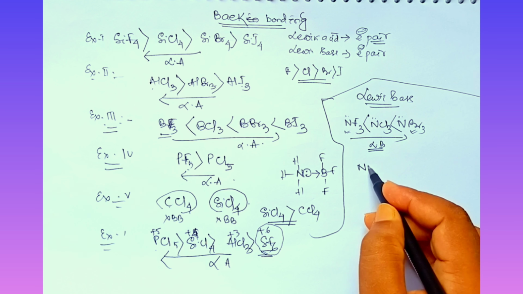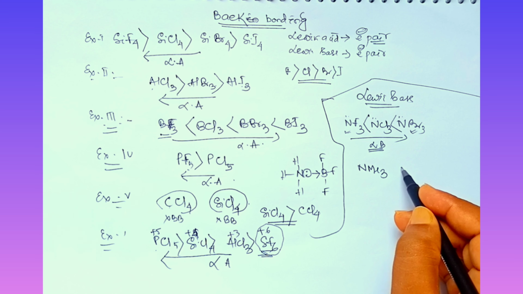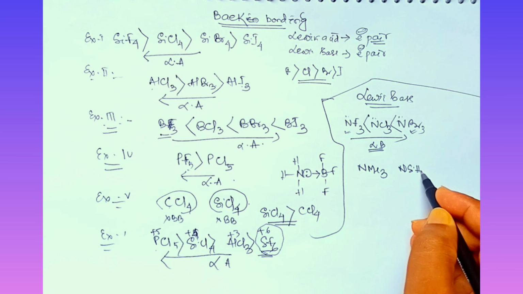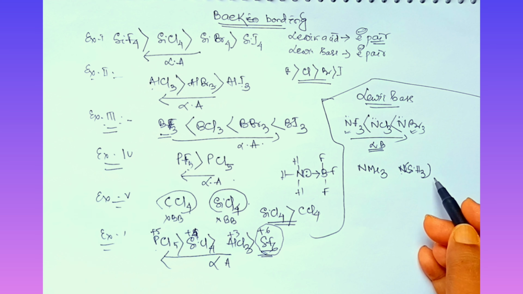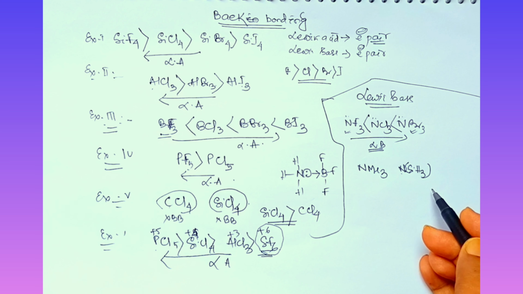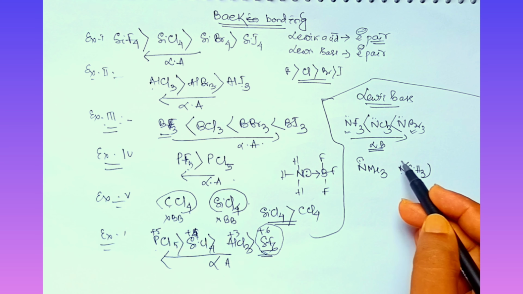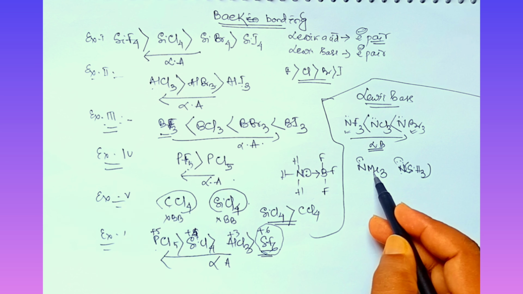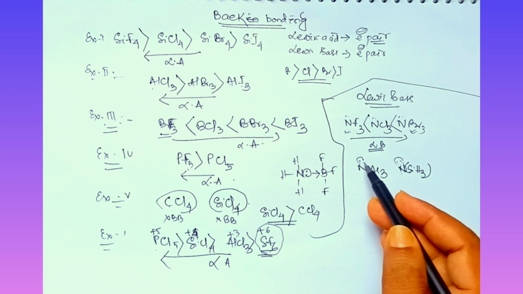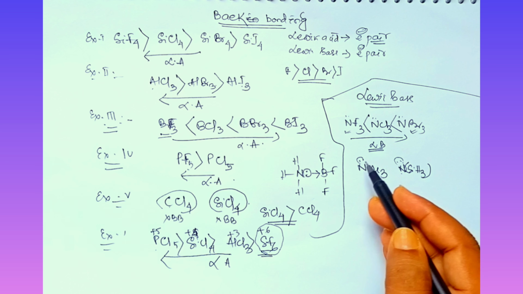Now come to the example NMe3 and N(SiH3)3. Here with nitrogen 3 SiH3 groups are there, and there 3 methyl groups are there. Over nitrogen a lone pair is present, but in this case carbon has no vacant orbital, so it cannot accommodate the electron pair present over nitrogen.